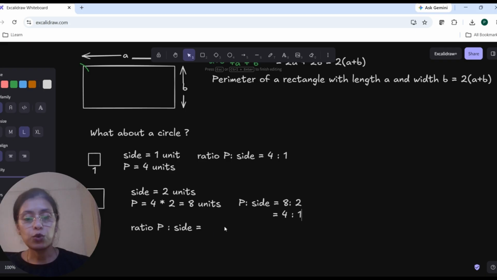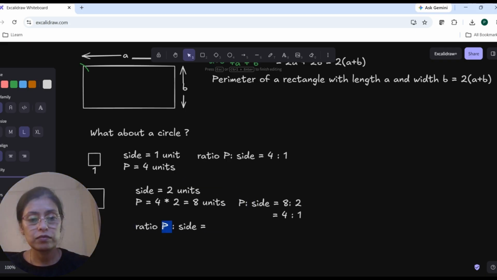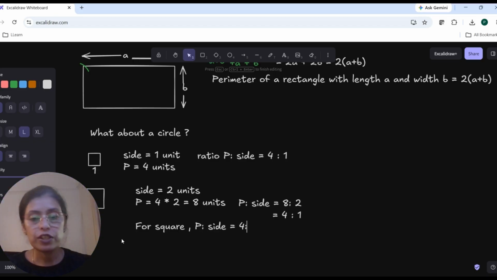So the conclusion is that for a square, the perimeter to side ratio is equal to 4:1.